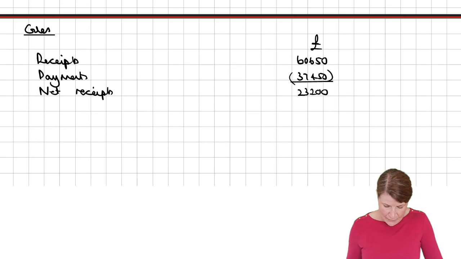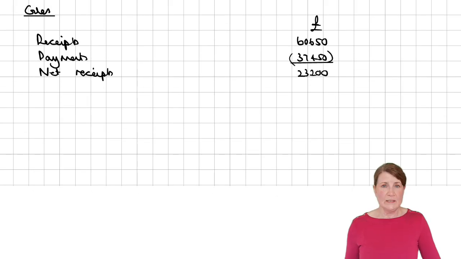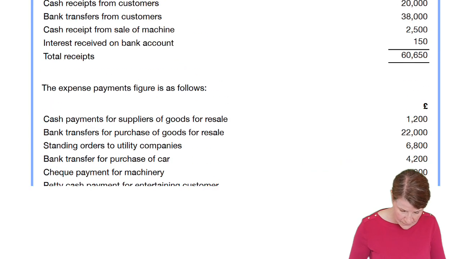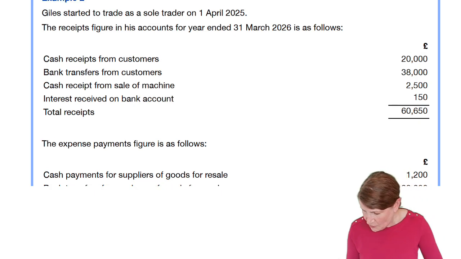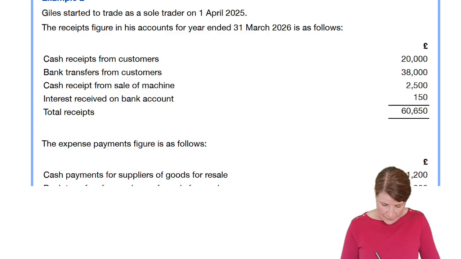So that's our net receipts, and then we say, well, okay, what do we need to adjust for? So looking at our cash receipts from customers, £20,000, yeah, absolutely fine. We've got bank transfers from customers, that's absolutely fine.